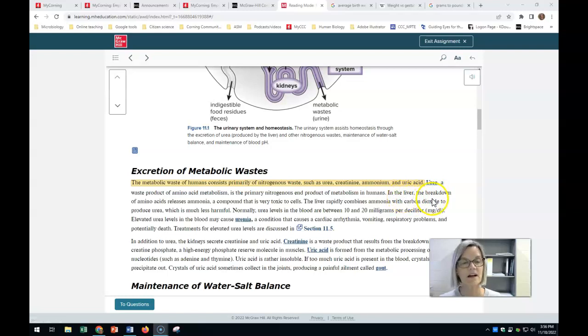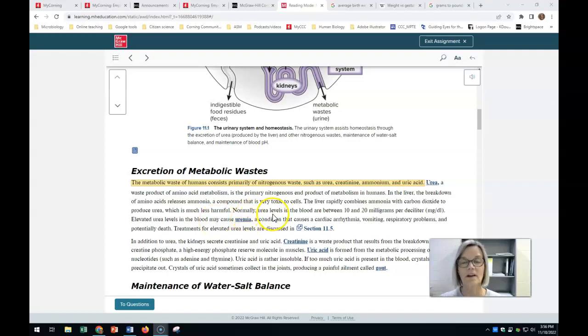Where the urea comes from is when you break down proteins, we actually make ammonia. If you've ever smelled ammonia in a container, it's really easy to imagine that it could be toxic. So very quickly, the liver takes ammonia and makes urea. Urea is less harmful, but it's not harmless.